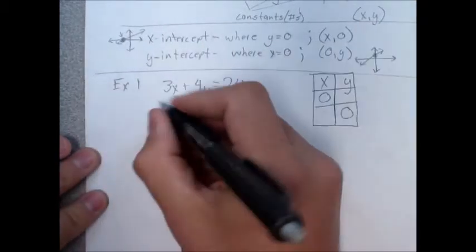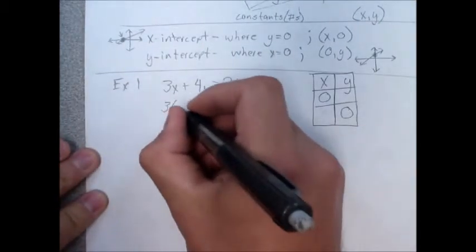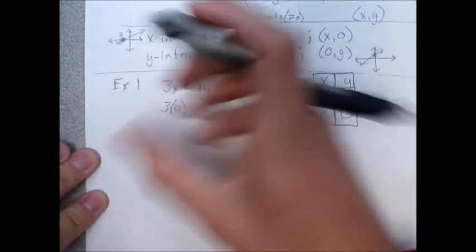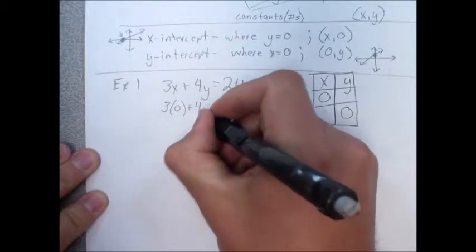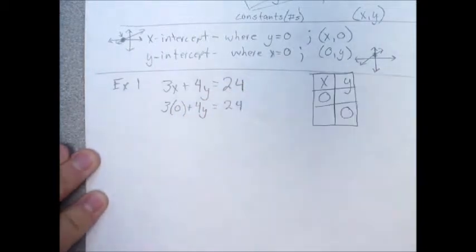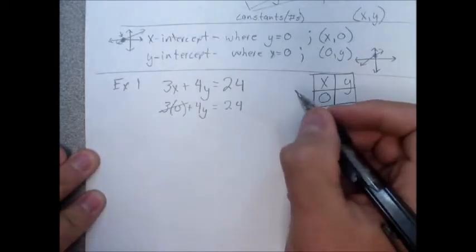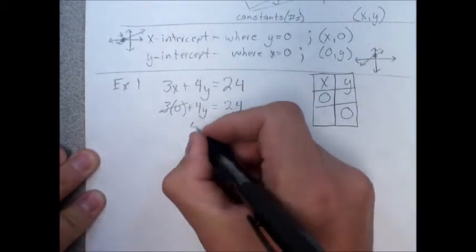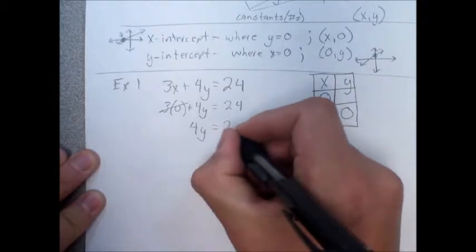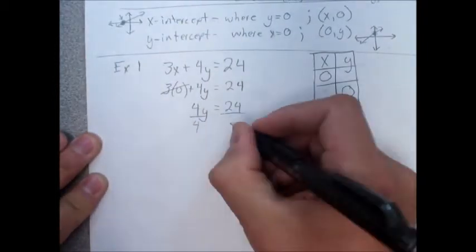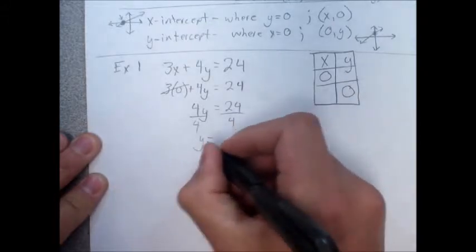So that's what I'll do. 3 multiplied by, where x is 0, plus 4y equals 24. And then I start to evaluate this. 3 times 0 is 0, right? And 0 plus 4y is 4y. And it still equals 24. Then I just finish solving by dividing by 4, divide by 4, and y then equals 6.